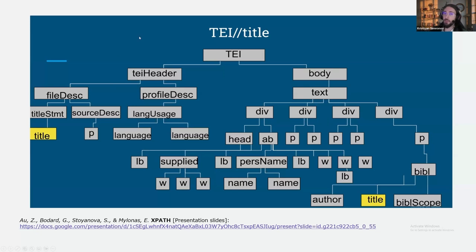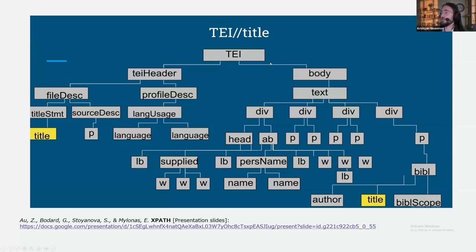Yes, and here we have an example structure of a TEI document, which you have experienced these past days. And this is the XPath to the title. We start from the root, we skip all the ancestors, the parents, and we go directly to the child element, which is title.